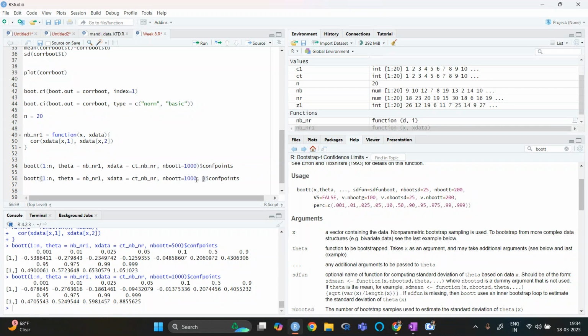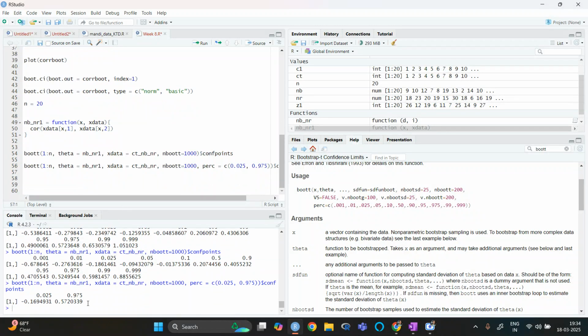So if I give the percentile as c(0.025, 0.975), it has given me this. You can see that here 0.025 was different, and here 0.975 was different.